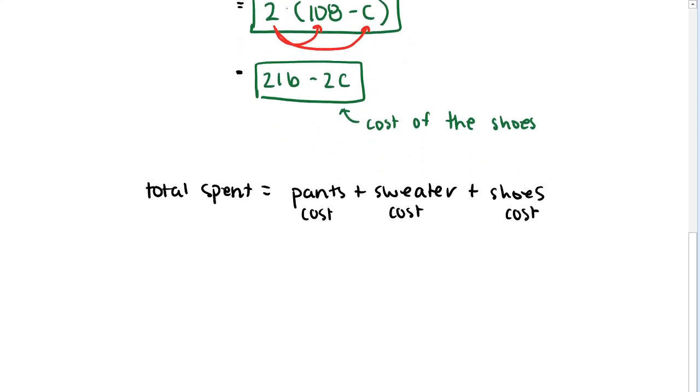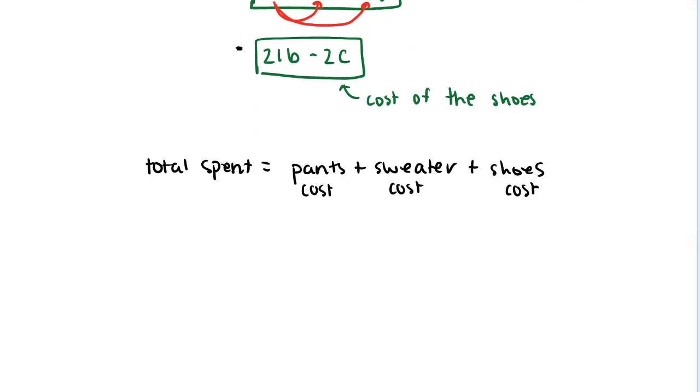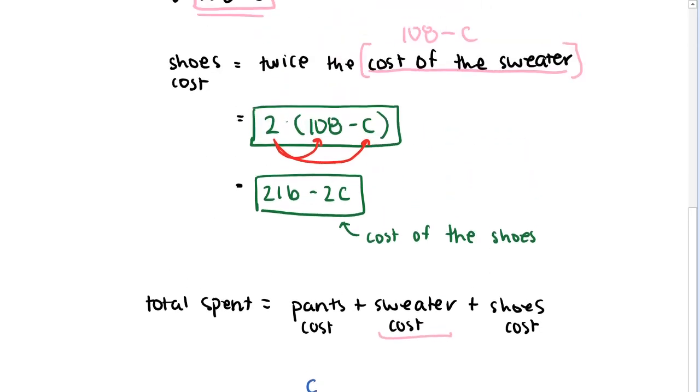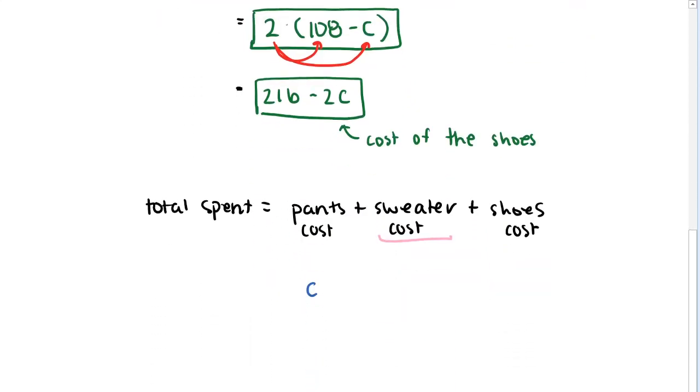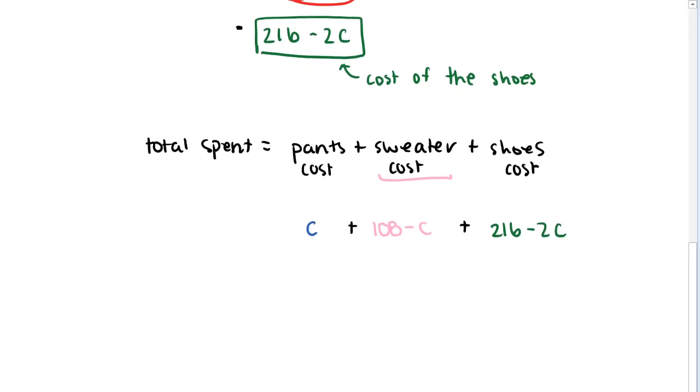And so, okay, we have an expression for the pants, right? The pants we said were given by that variable C. The sweater, well, this was given by the expression 108 minus C. And then the shoes we have here is 216 minus 2C. So if we add these three quantities together, we get the total amount spent.